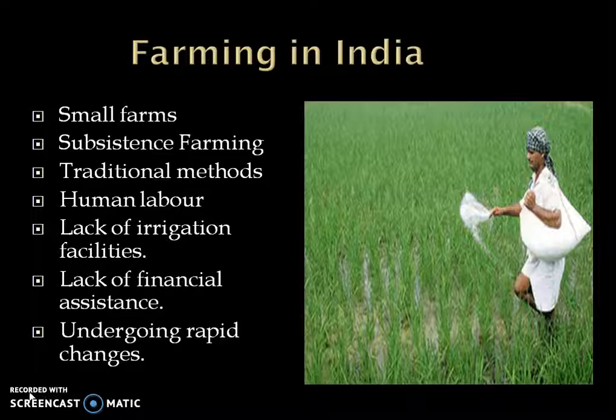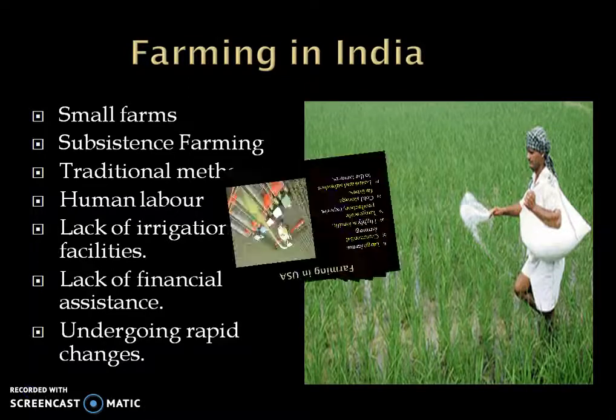Banks and cooperative societies have also been set up in rural areas to provide funds to the farmers. Through Green Revolution and White Revolution, India has become a leading producer of food grains and milk in the world.